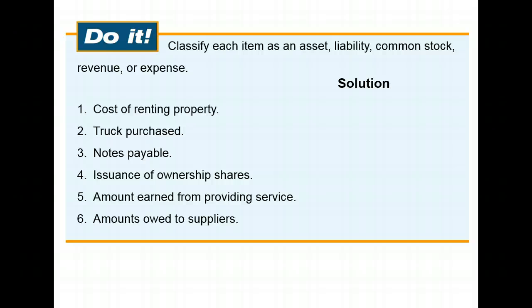Common stock is the investment in the company, usually in the form of shares. Then revenues are earnings from sales, from services. At Augsburg, tuition is a revenue for them.